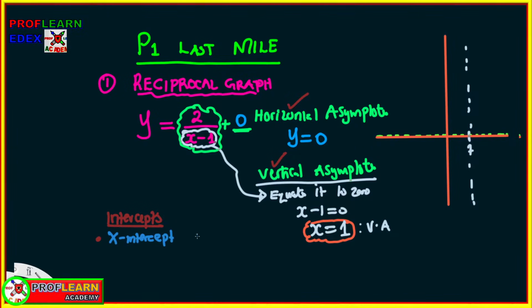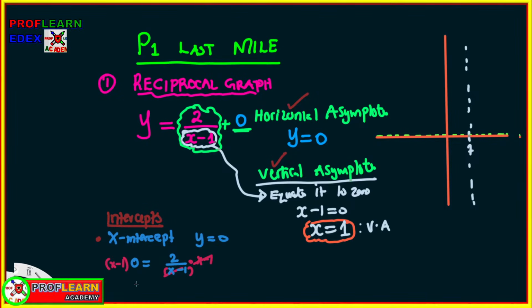At the x-intercept, y is equal to 0. So you take the equation you are given and put y as 0 there, and you have 0 is equal to 2 over x minus 1. Then if you multiply both sides by x minus 1, the x minus 1 will cancel out, but you will have 0 is equal to 2.